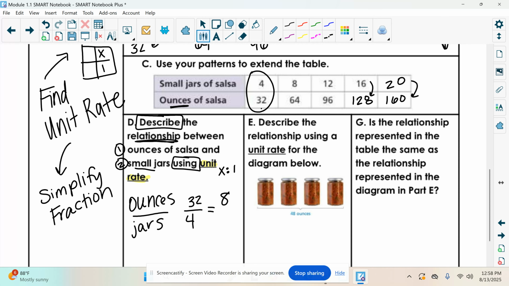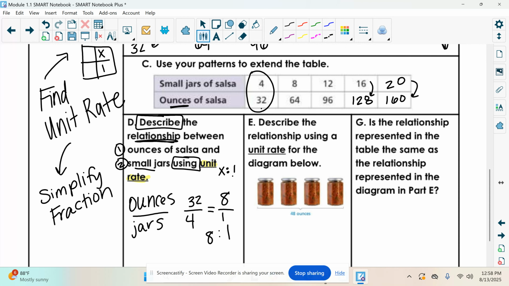Okay, well, if I wanted to make this 8 a fraction, what would the denominator be? Remember, anything over 1. You put a 1 under any of it, and it makes it a fraction. If I wanted to change this fraction form to the ratio form, what would it look like? 8 to 1.